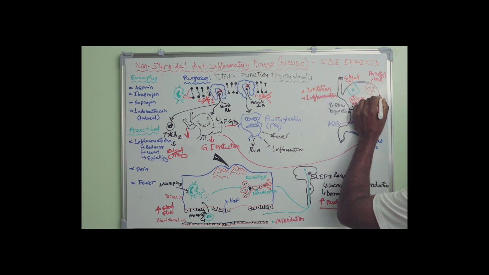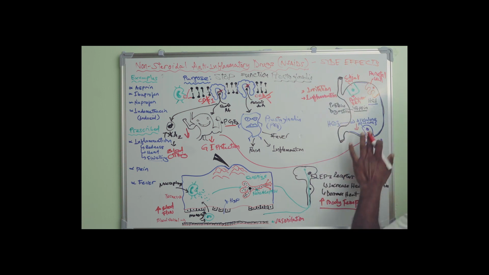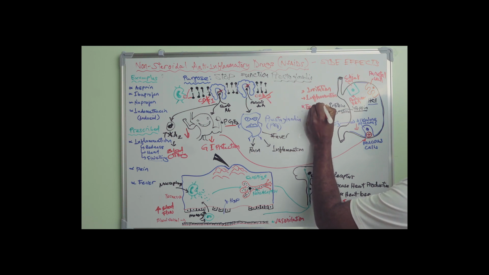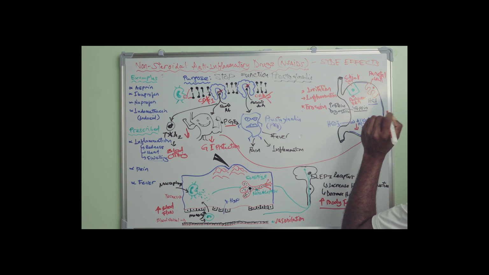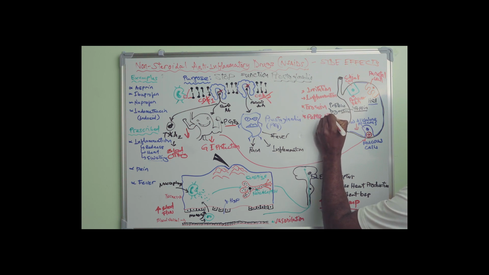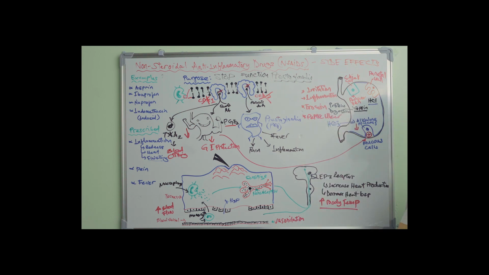So this lining will start to be inflamed because pepsin and hydrochloric acid will start to irritate it, and then you can have erosion of the lining of the stomach, and eventually a peptic ulcer will develop. So this is one of the common but serious side effects of NSAIDs.